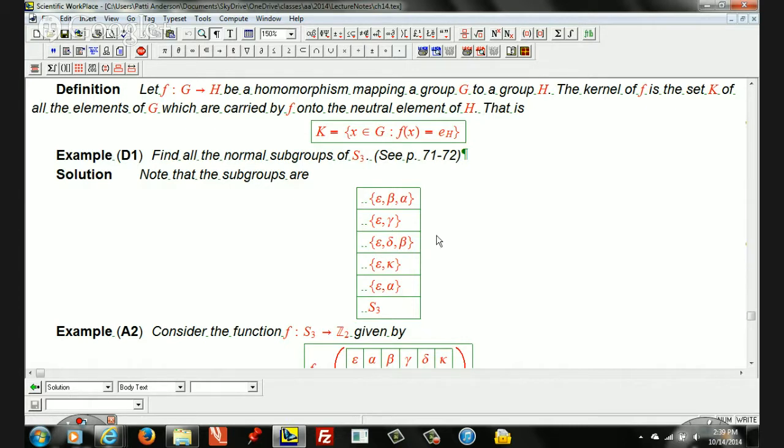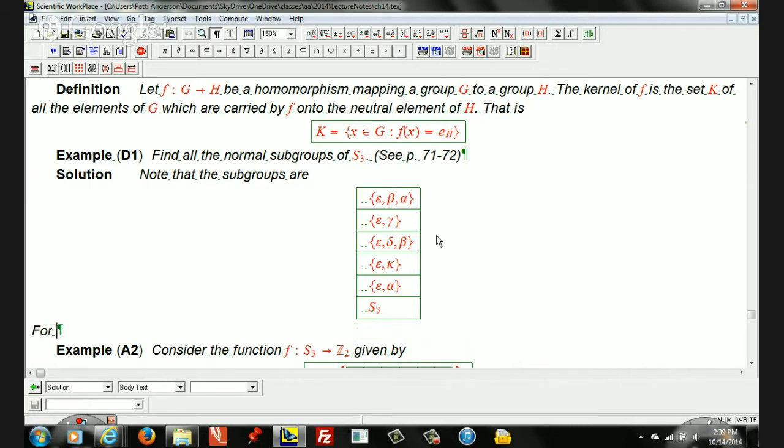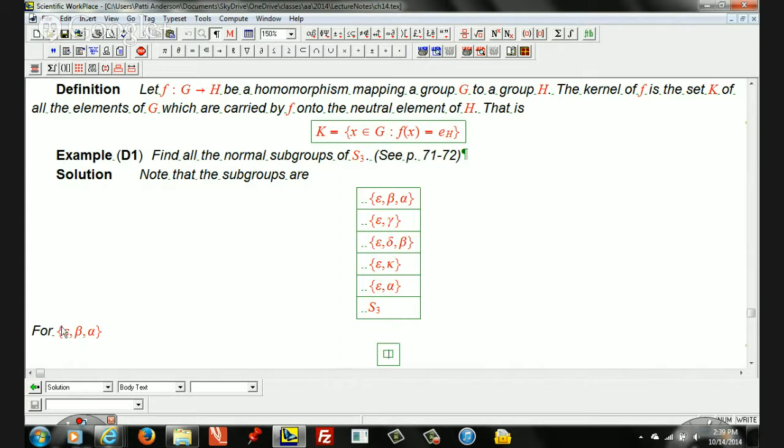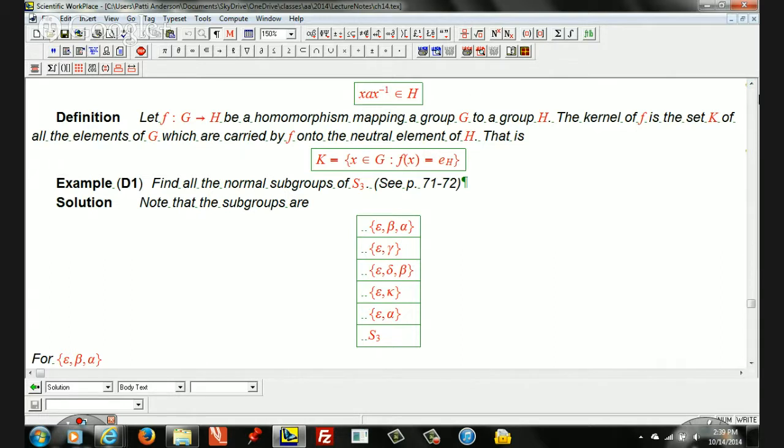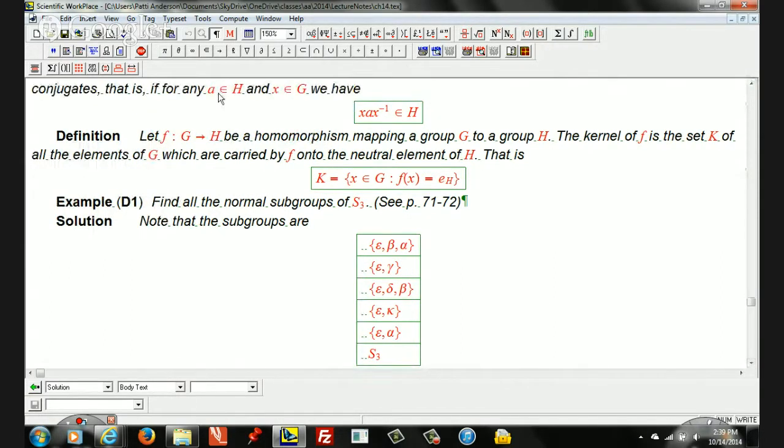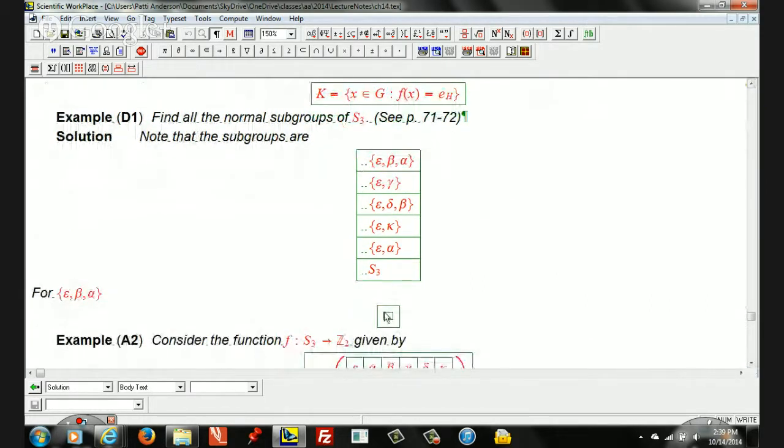So let's actually just calculate for the first subgroup. We have to calculate for each element: A is in H, so that would be the elements in our subgroup, and the X's are in our group G. So we have to operate with all the elements in S3, and we have to check each of them.